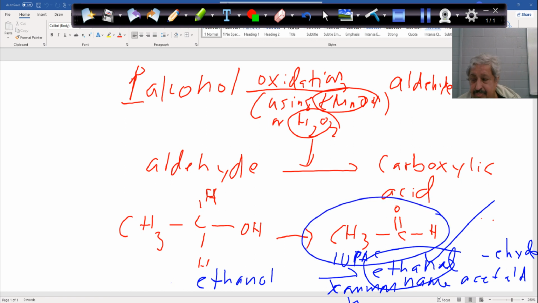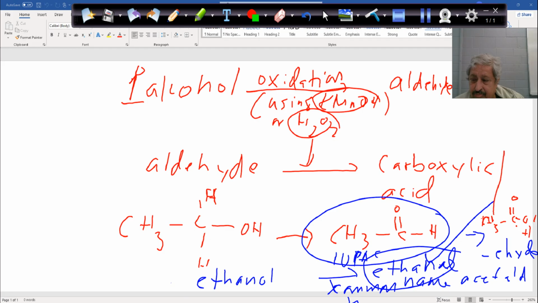This one here can be oxidized further, and then you get CH3COOH.